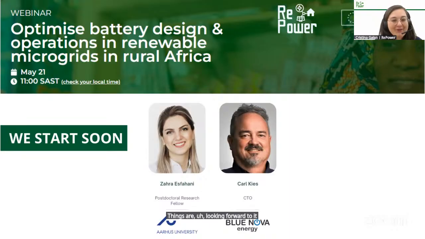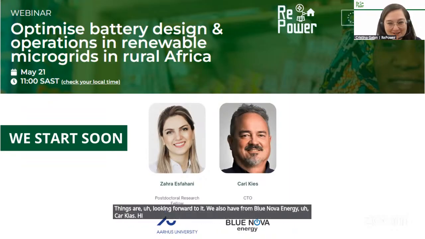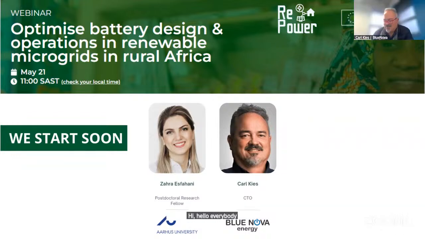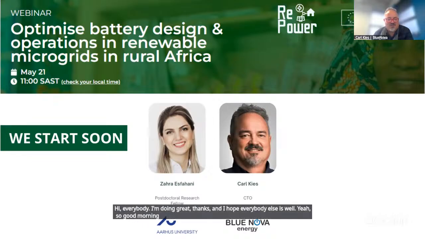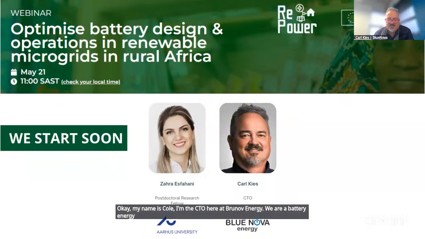We also have from Blue Nova Energy, Carl Kies. Hi, Carl. How are you doing today? Hello everybody. I'm doing great, thanks, and I hope everybody else is well. My name is Carl. I'm the CTO here. We are a battery energy company based in Cape Town in South Africa.